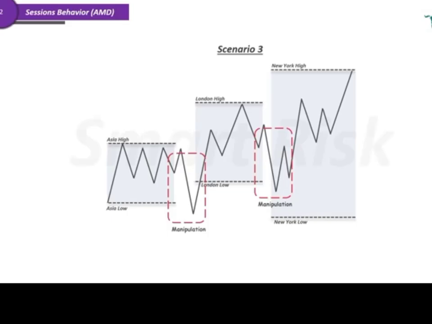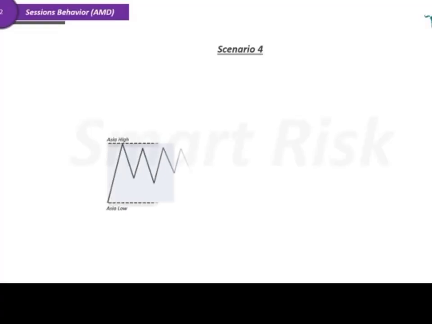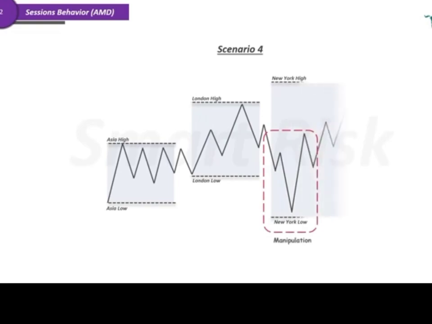On the other hand, if the Asian session accumulates and London moves higher without fully completing the manipulation by sweeping Asia's low, then New York may liquidate deeper, taking out both the Asia and London lows before making the real move. So the market is never fully predictable, and we can't expect it to behave like a fixed roadmap.